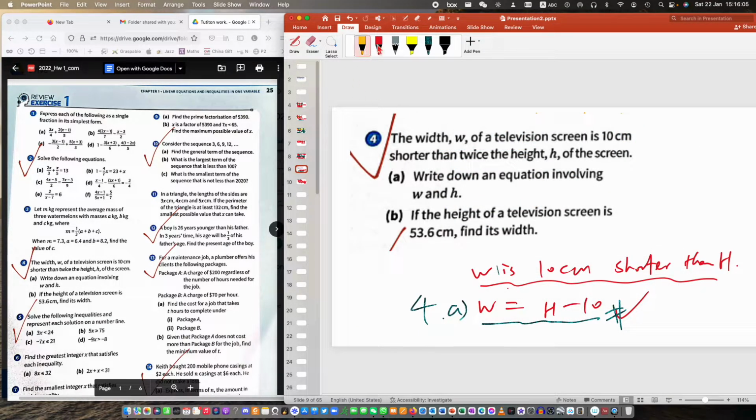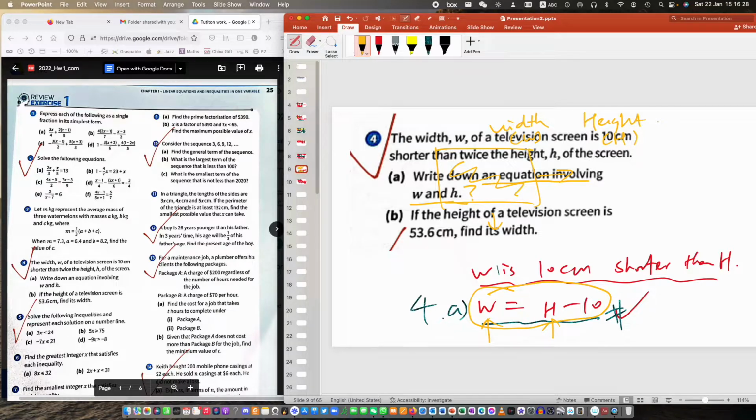So if you look at this, write down an equation involving W and H. Can you see? This is an equation, right? Involving means have W and H. Do you understand the question? Do you know what the question is asking? Yes or no?